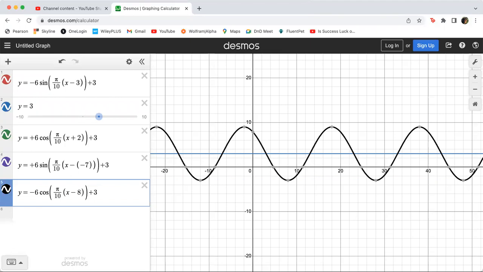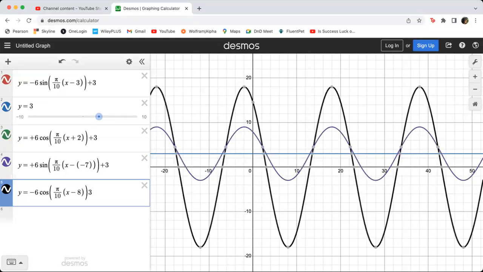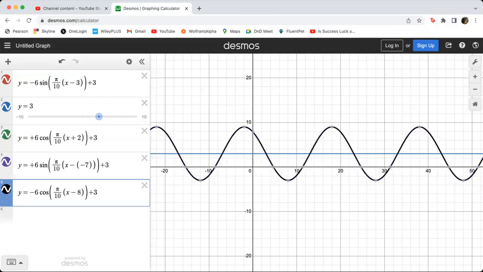And if I change this +3 out here to a -3, that shifts it all the way down there. It also freaks out a little bit when you get rid of that, because everything's getting multiplied by 3. It calms down. Any questions? Is that okay?